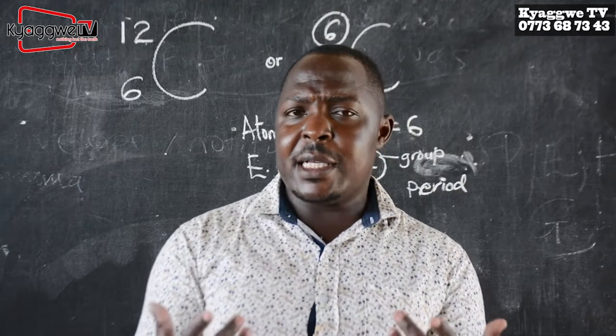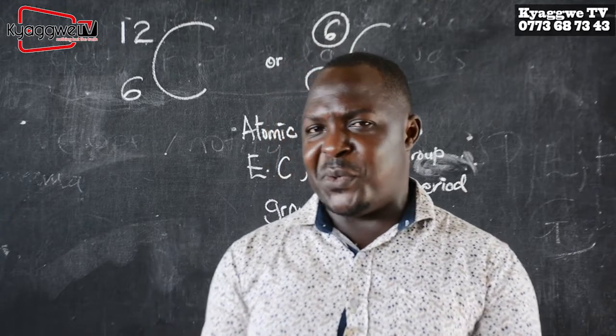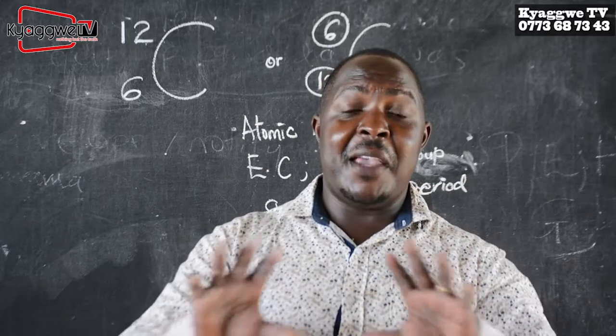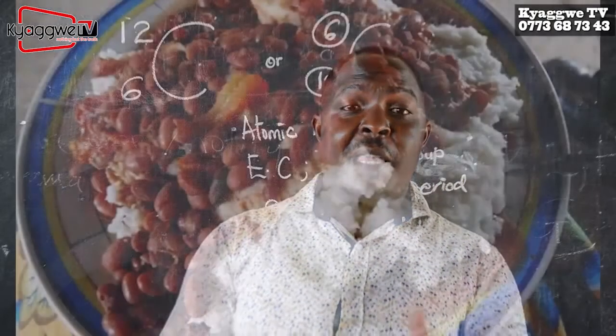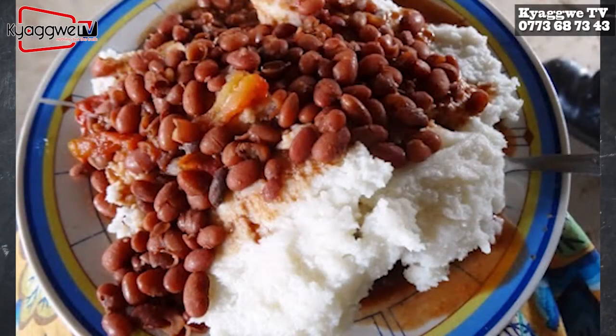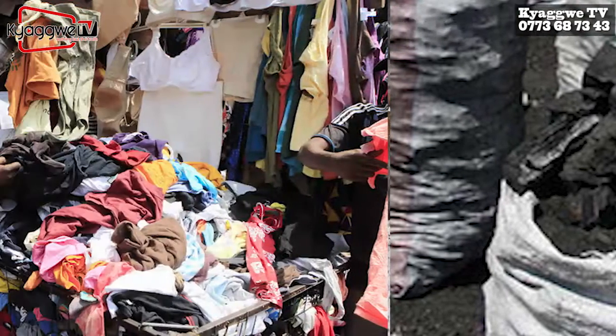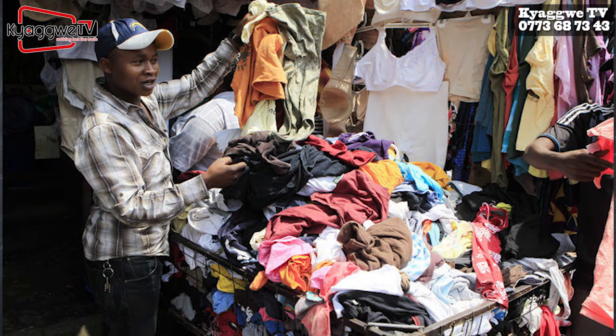So like I said, carbon exists in different ways. We have carbon with us every day. The food we eat contains carbon. The charcoal that cooks the food contains carbon. Even the clothes that we're putting on, cotton, contains carbon.